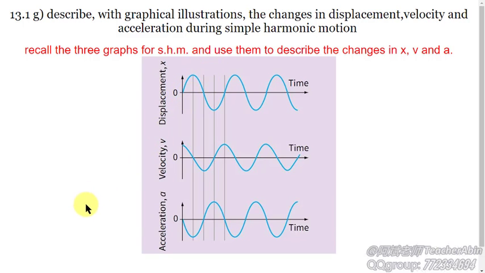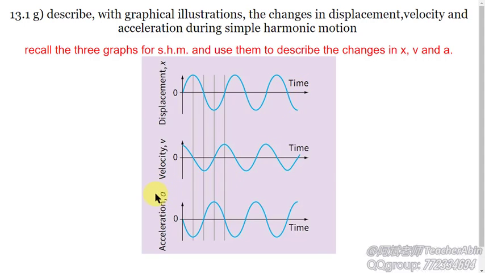And an upward sloping tangent means the gradient is positive, and a downward sloping tangent means the gradient is negative. So with this knowledge, you can get both the magnitude and direction of v from the x-t graph.